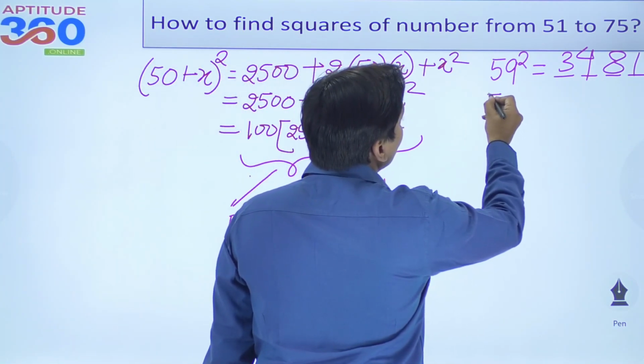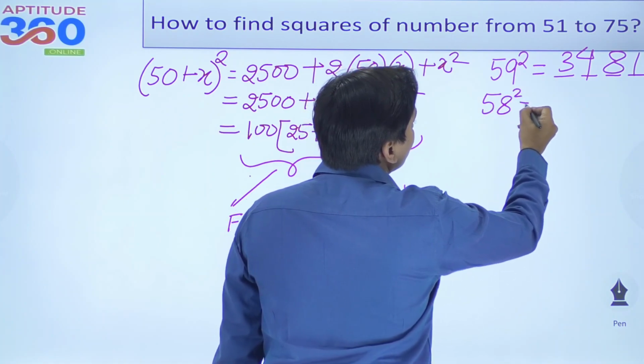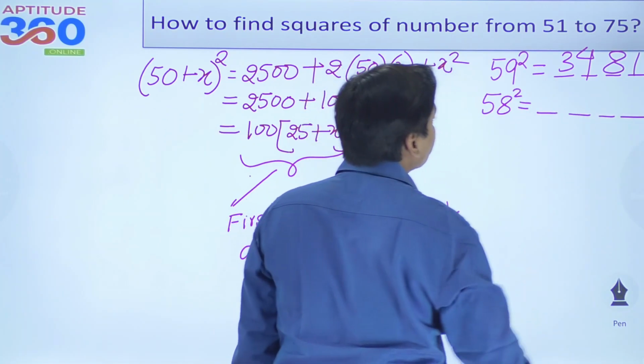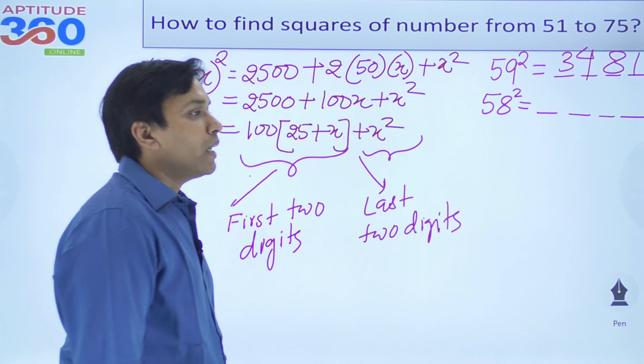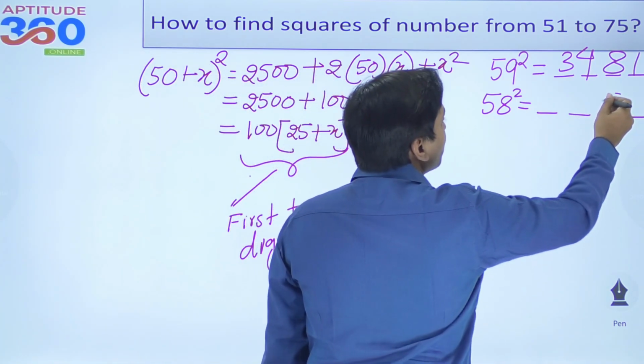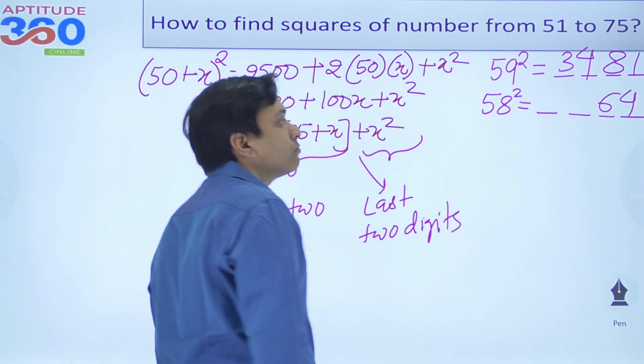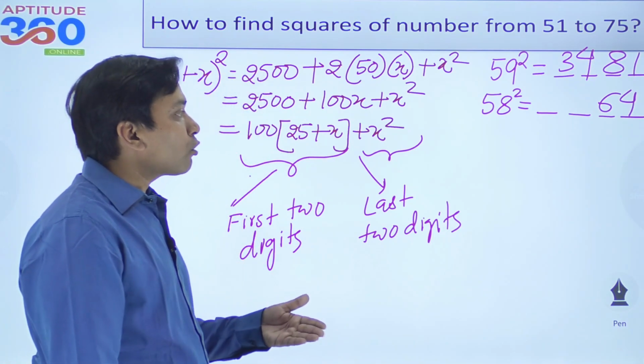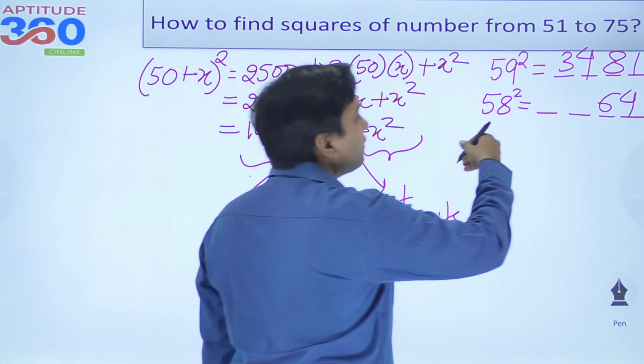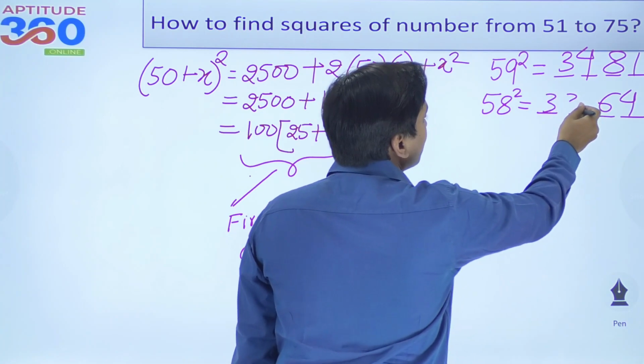How about 58 square? Please do it on your own. 58 square, last two digits, everybody understands, is going to be 64. Is that okay? How do you find out the first two numbers? 25 plus 8, that is going to be 33.